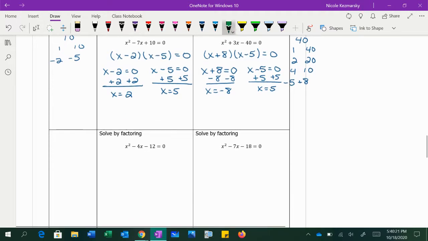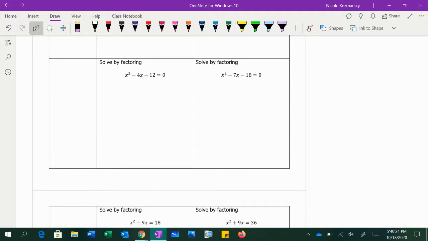Let's try another couple. So for the next one, I'll do factor pairs for 12. So 1 and 12, 2 and 6, 3 and 4. I need to get a -4. So how about -6 and +2? So I'm going to do x plus 2 and x minus 6 for my factors.